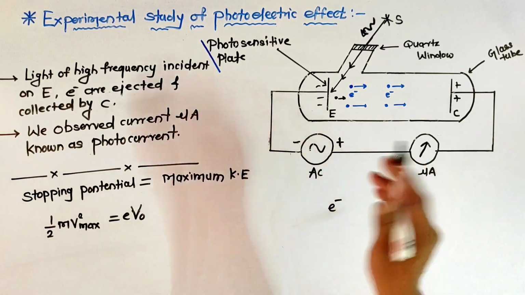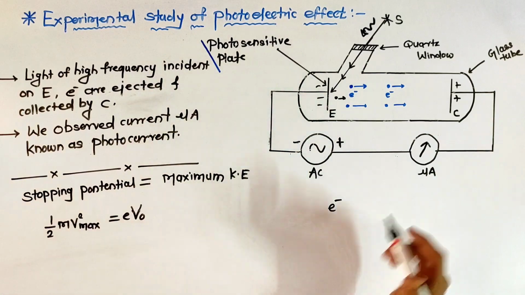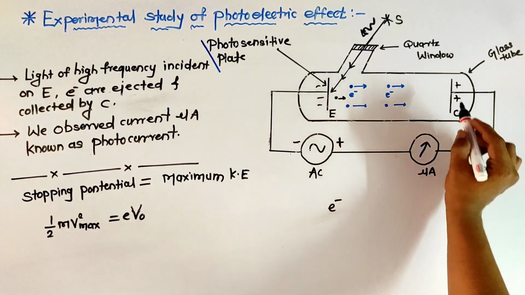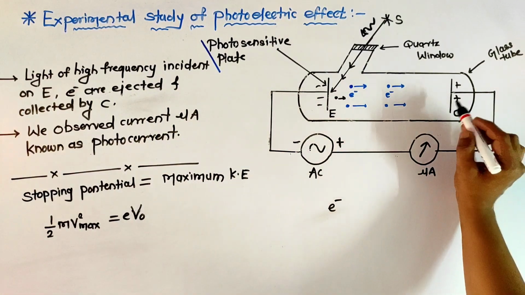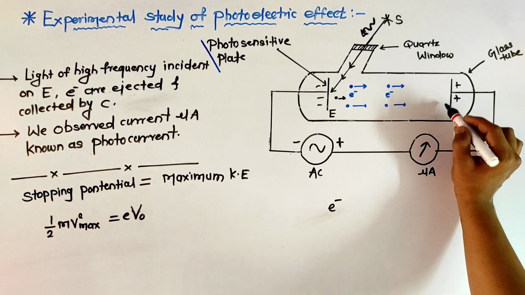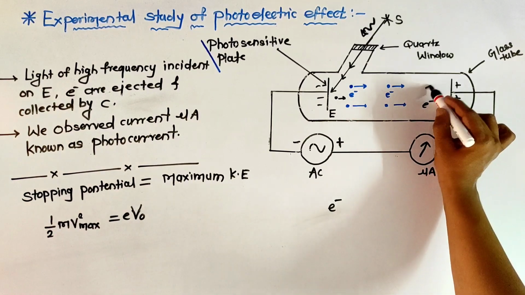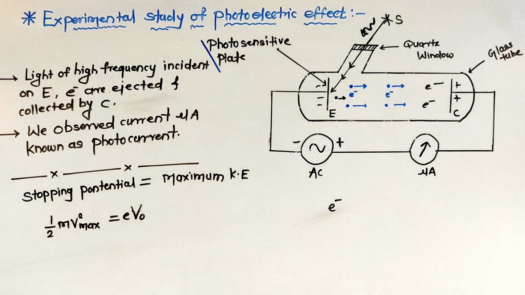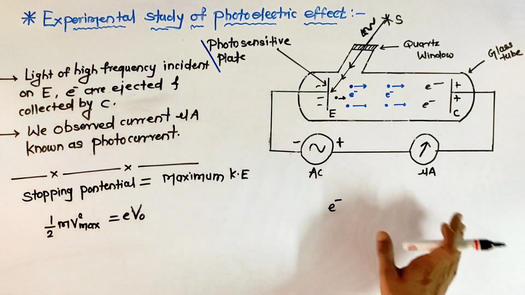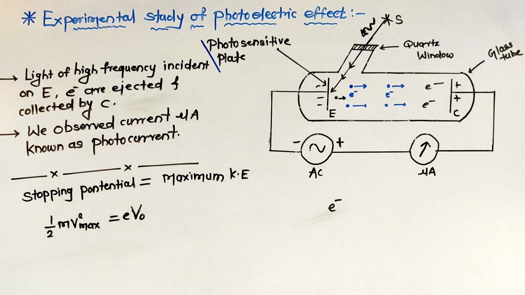One positive charge and one negative charge, there will be a force of attraction. So the electron moves along a certain path and is attracted to this plate, and the electrons are accumulated on this plate, and because of that we get a current. This current is known as the photocurrent. We observe a current in the microammeter, known as the photocurrent.